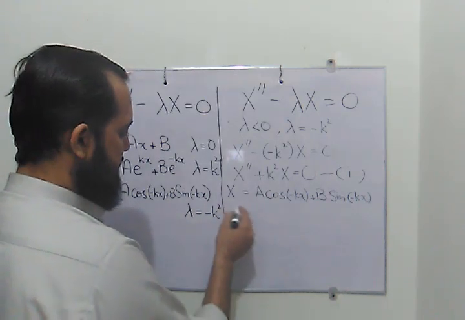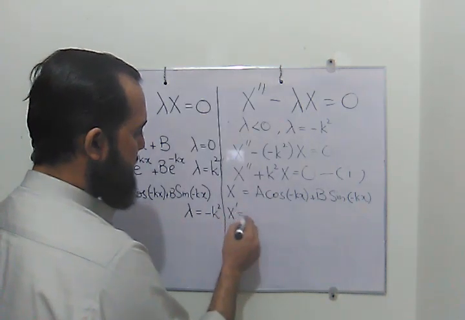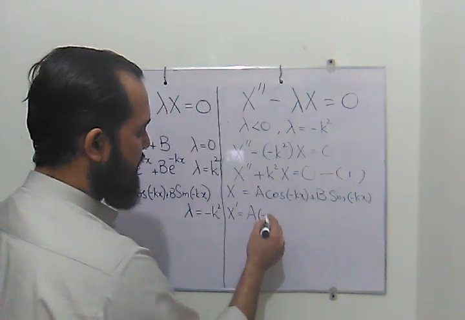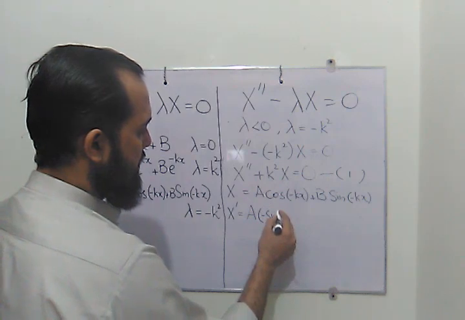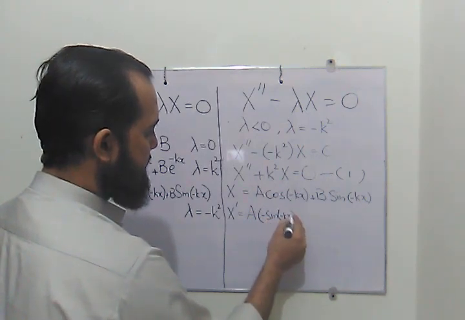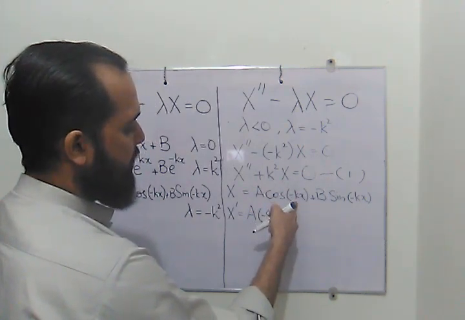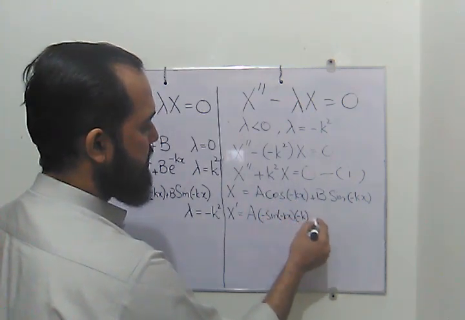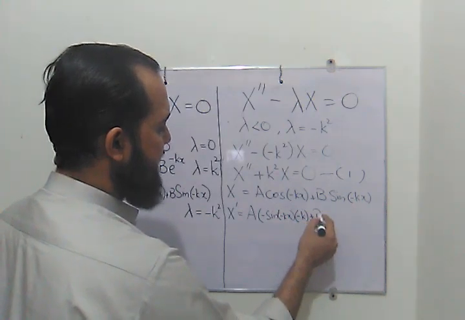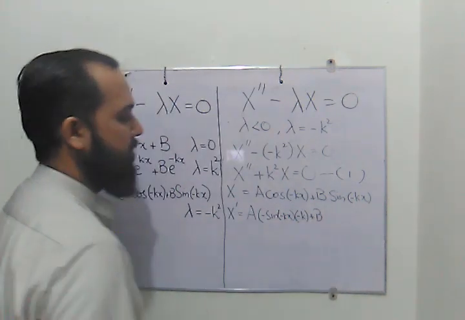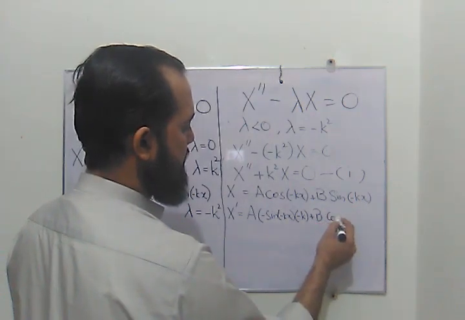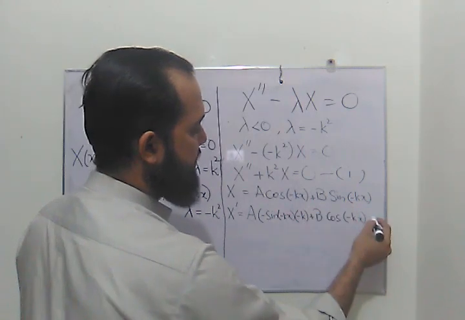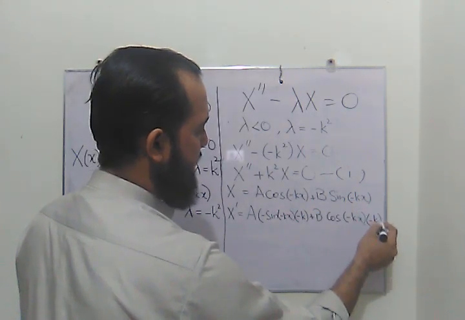Now we verify. We first differentiate: x prime is equal to a, which is a constant and will be taken outside of the derivative. Cos has the derivative of minus sine into kx, and then we have the derivative of this term kx, which will become k. Then we have plus b taken outside the derivative. We will take the derivative of sine, which will be cos of kx, and then we take the derivative of the angle, which is k.